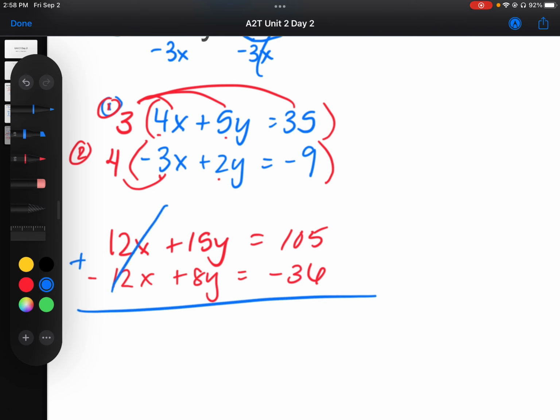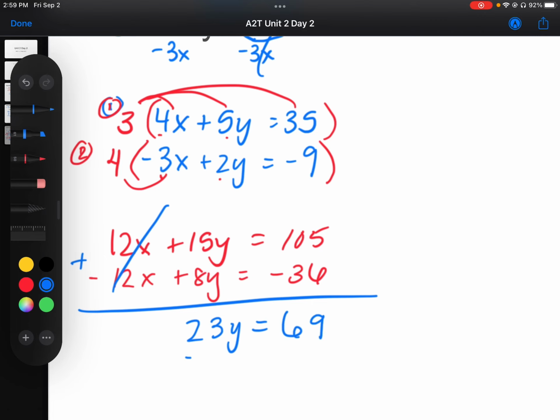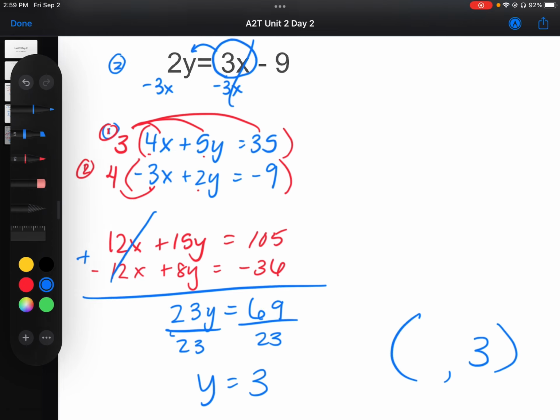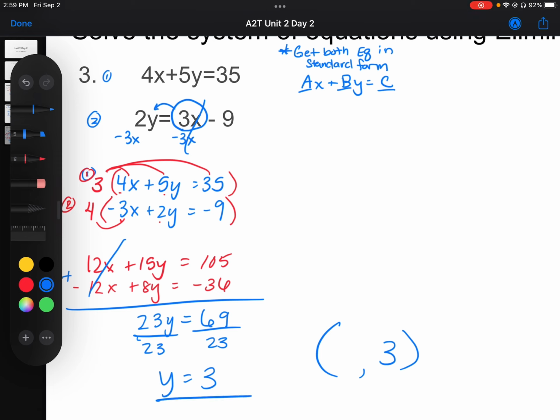Add these together. 15 plus 8, 23y. 105 plus negative 36 is 69. Divide by 23. y equals 3. Now I'm going to take this 3, plug it back into any equation.